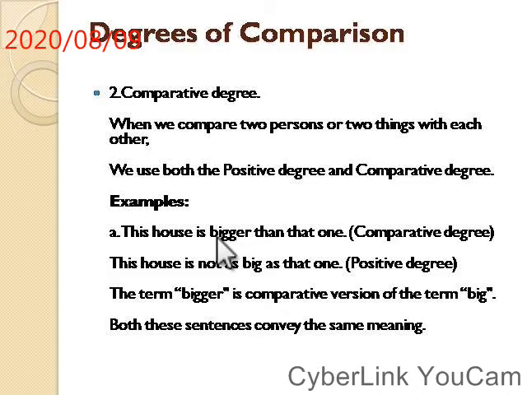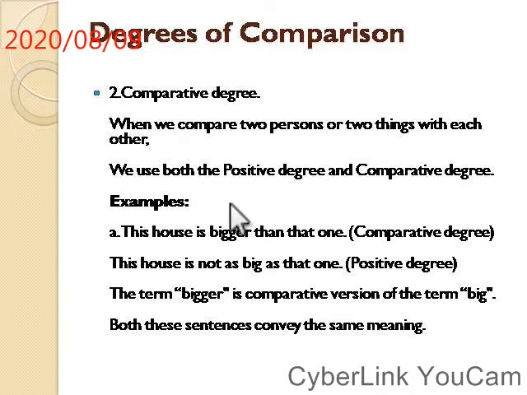Now the same thing can be expressed in positive degree also. Okay, the same thing can be expressed without changing the meaning in positive degree. So what should we be using in positive degree? Big.